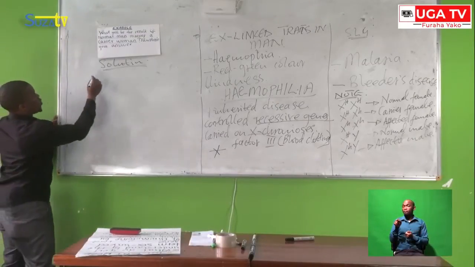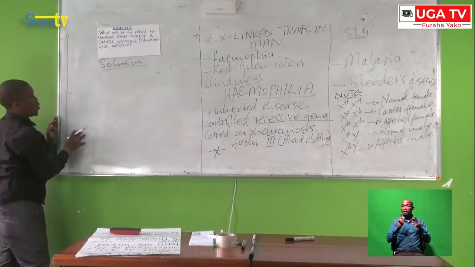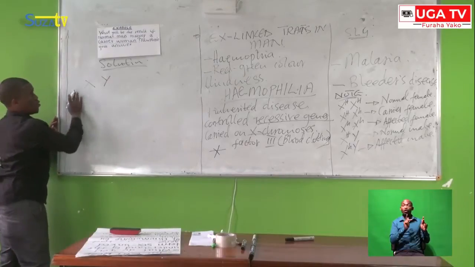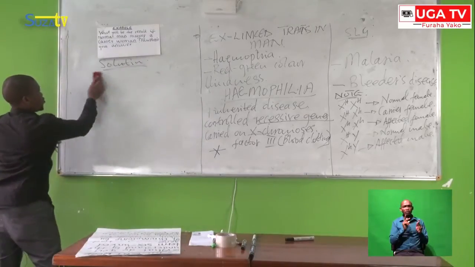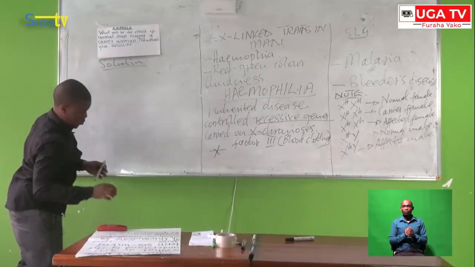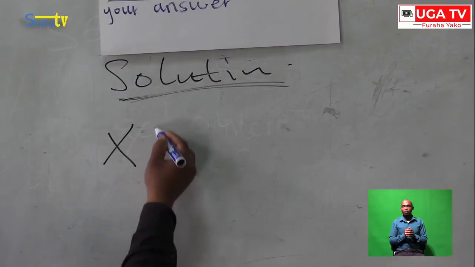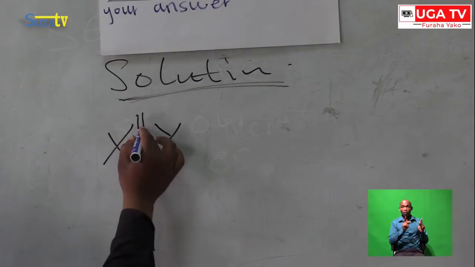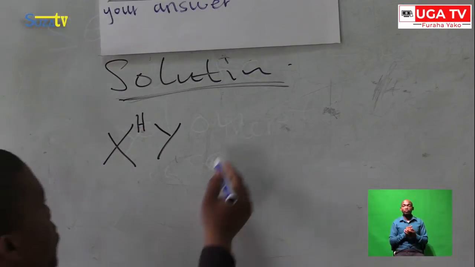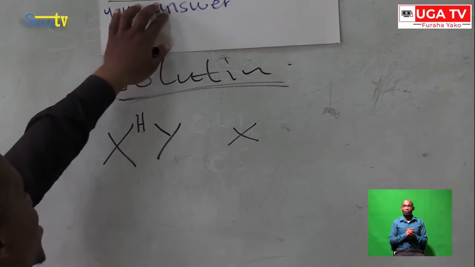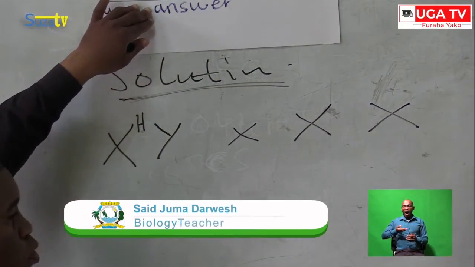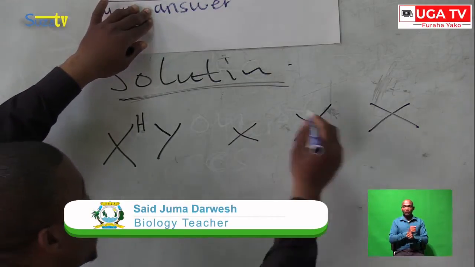Here we write normal man. This is a male, and the state of this one is normal. He marries a carrier woman. We write like this: the woman possesses XX chromosomes, so she is a carrier.